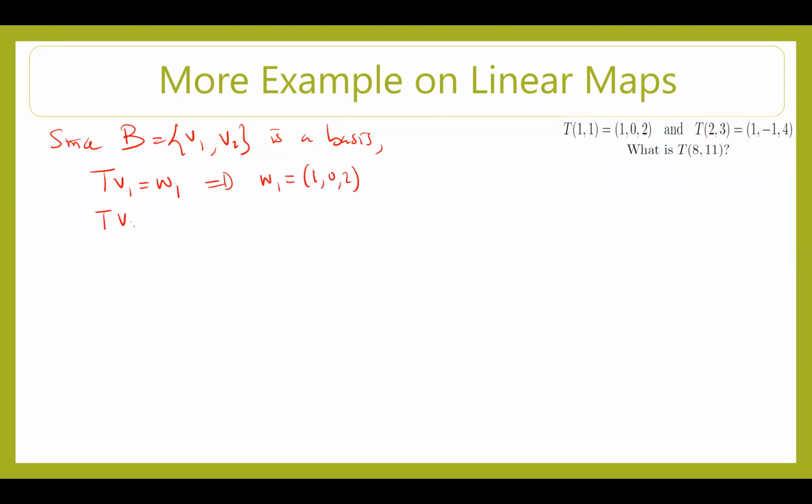And T of V2 is some W2, which in this case is (1, -1, 4).